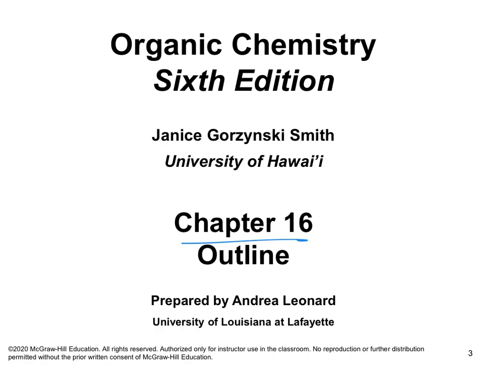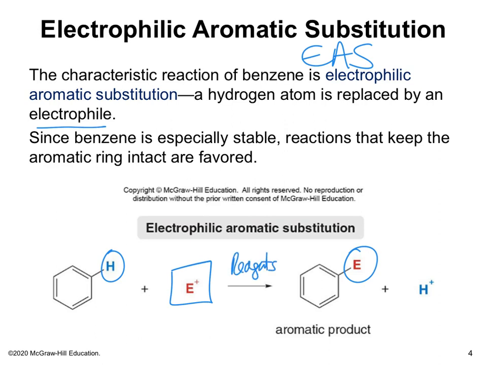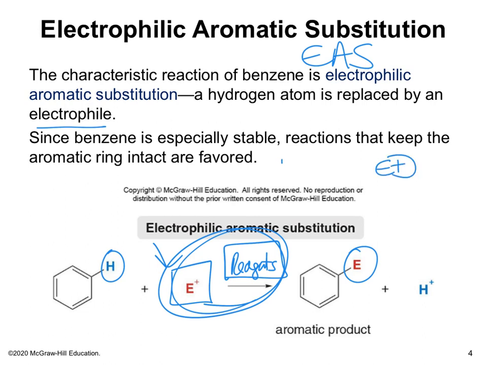Okay, so welcome to chapter 16. Electrophilic aromatic substitution. I call this EAS. And basically a hydrogen is going to get replaced by an electrophile. And so the key is to have strong enough electrophiles. So whenever you get a set of reagents, I want to see the electrophile for your reaction mechanism.